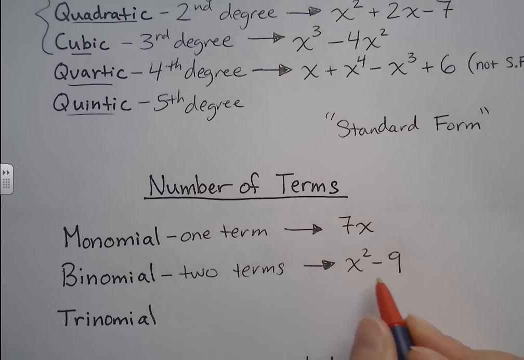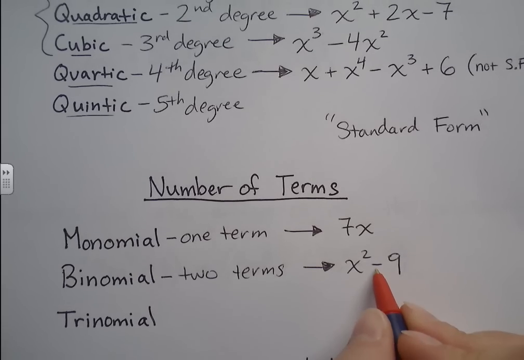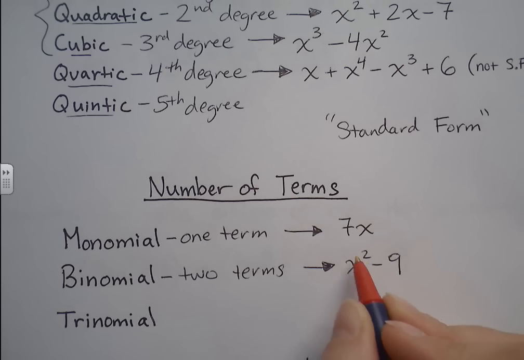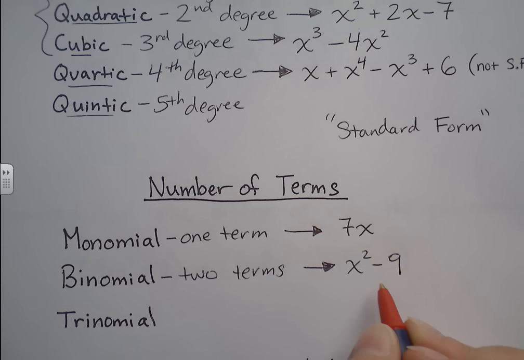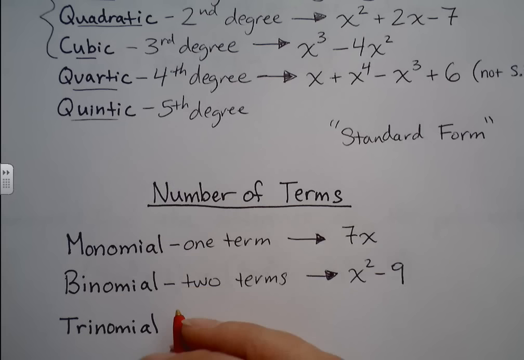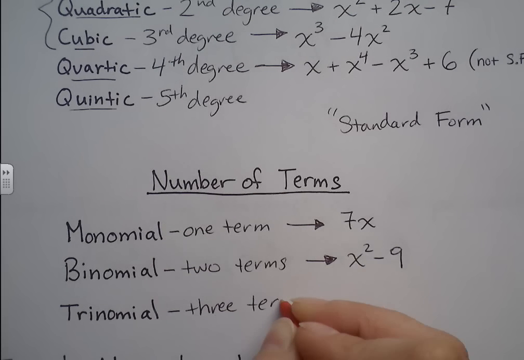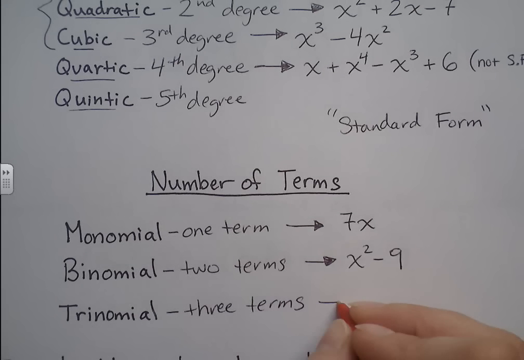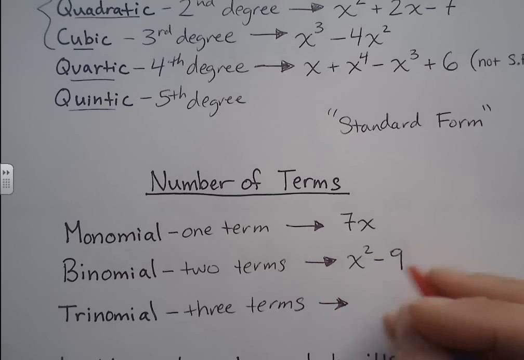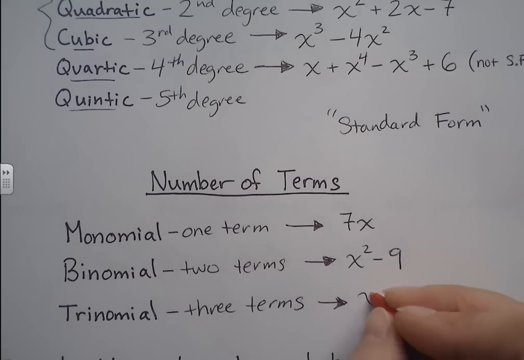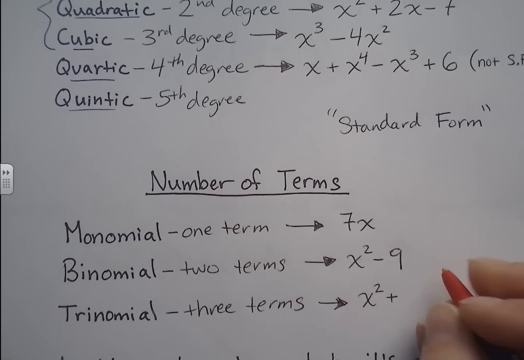Okay, binomial. An example would be 2 terms. If the definition is two terms, an example would be x squared minus 9. That would be an example of a binomial. There are two terms. So see, terms are separated by plus and minus. This one has a variable term and a constant term.